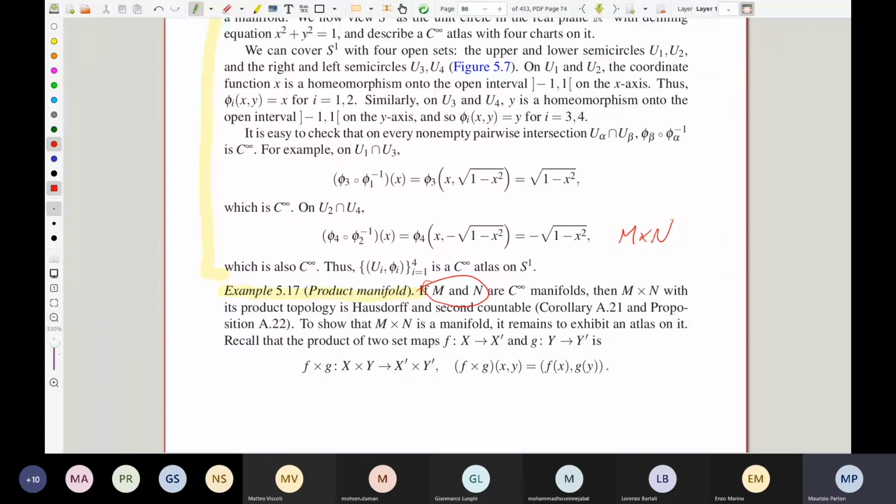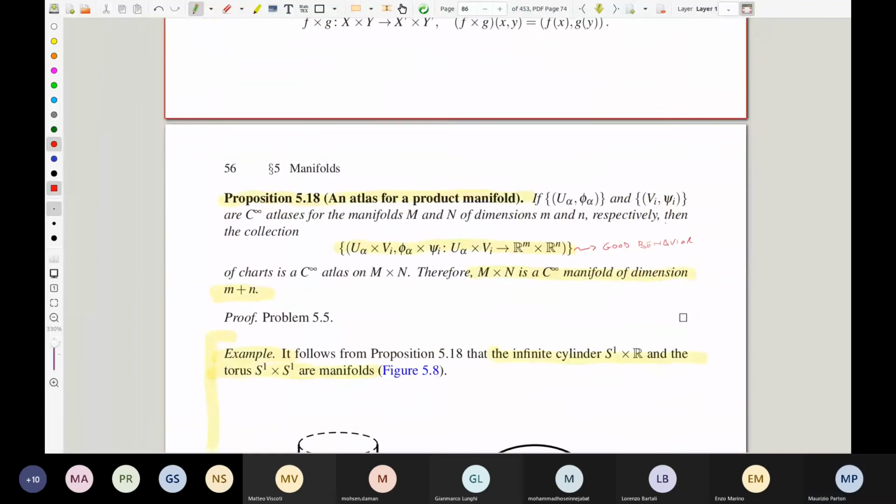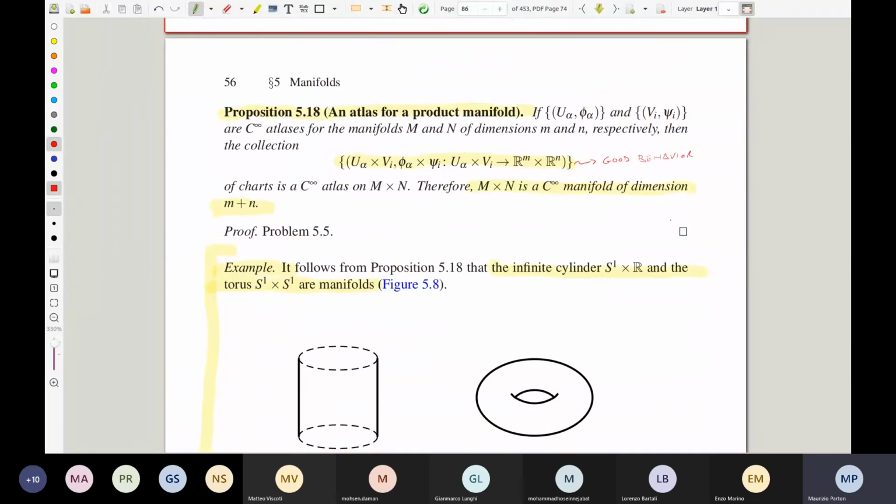Of course, you have to define the charts. Of course, you have to define the open sets, the local coordinates, and so on. There is no part of what I'm saying that is trivial. Everything I'm saying would require a proof, and you can find the proof in the book.